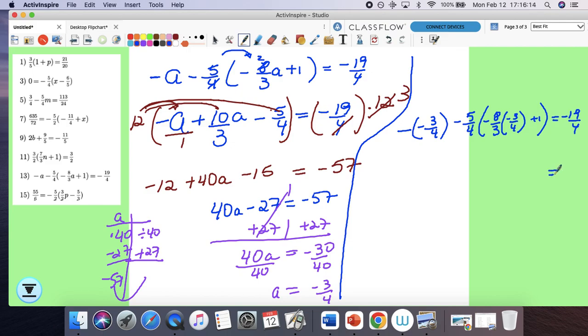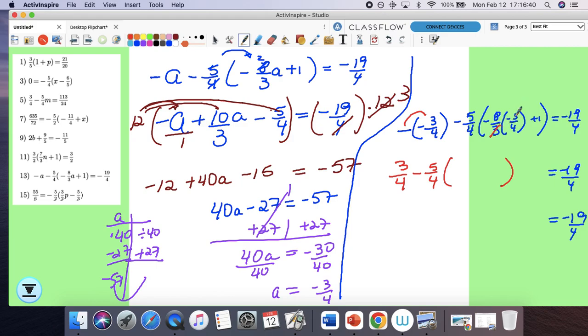So notice that on the right side, I can just go ahead and do this because there's nothing to do. All right. Negative and negative is a positive, so let me write 3/4. Minus 5 over 4. Let's take care of the parentheses. So there's a lot of stuff going on here. You have negative 8 over 3 times negative 3 over 4. First of all, it's a negative times a negative, so that's going to be a positive.